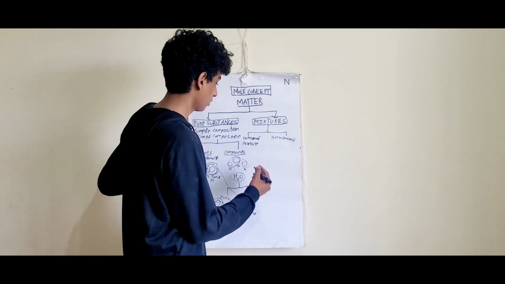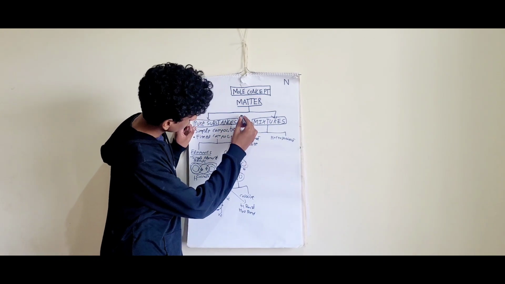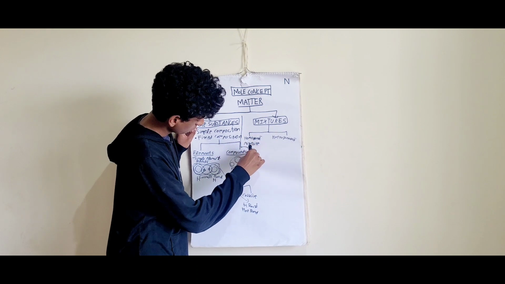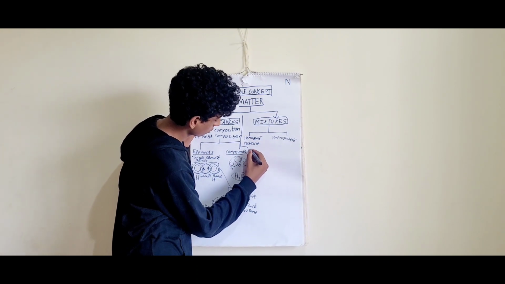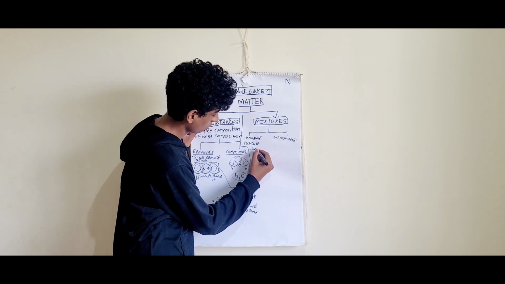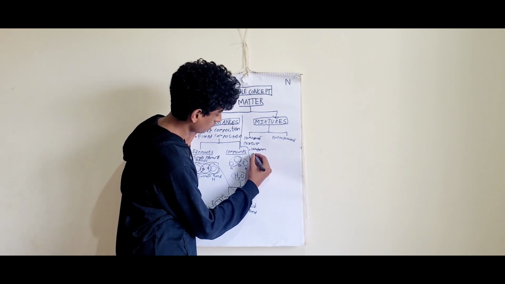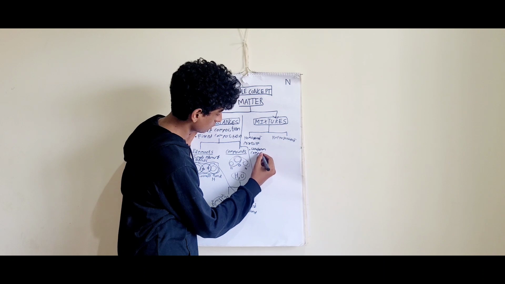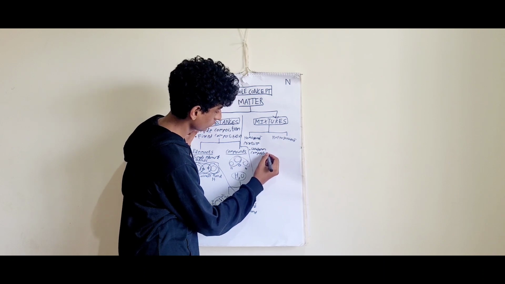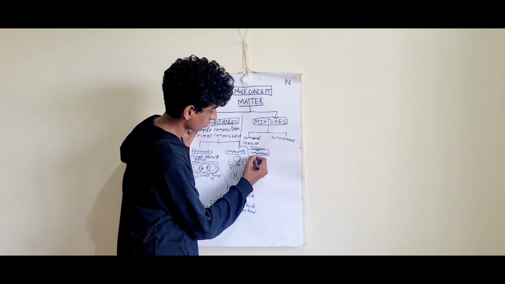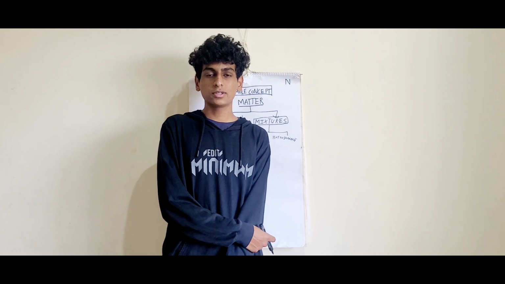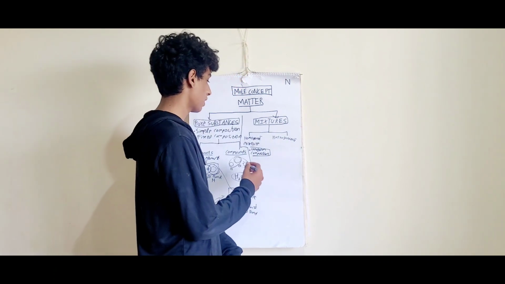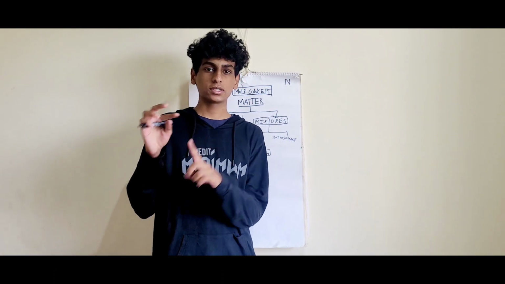If you look at homogeneous, I'm going to divide this table like this. In homogeneous we have uniform composition. Basically, uniform composition is when they have a certain composition ratio.